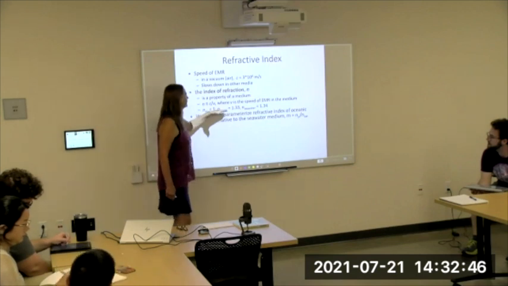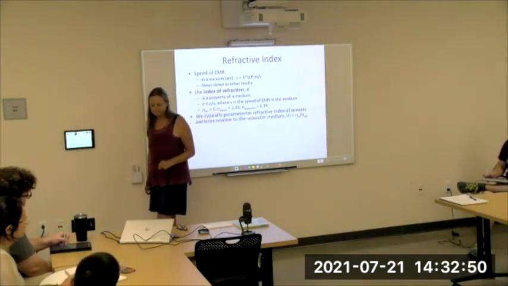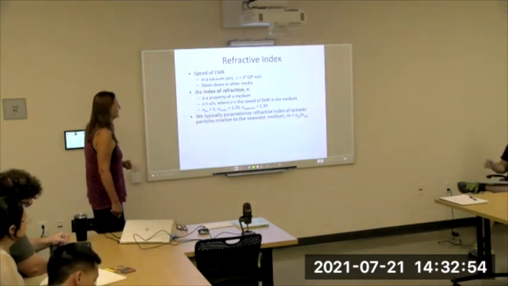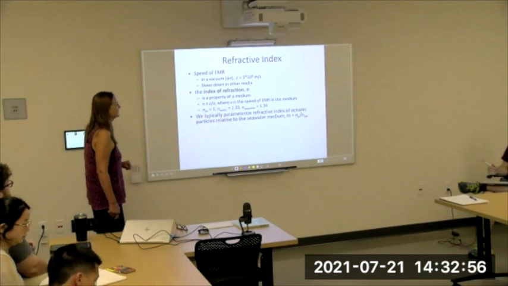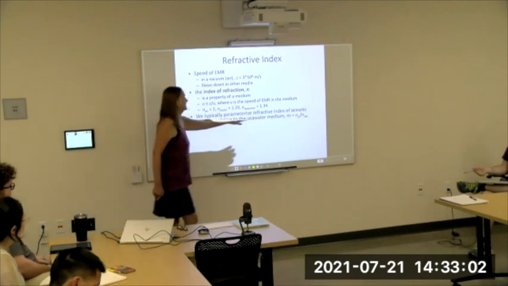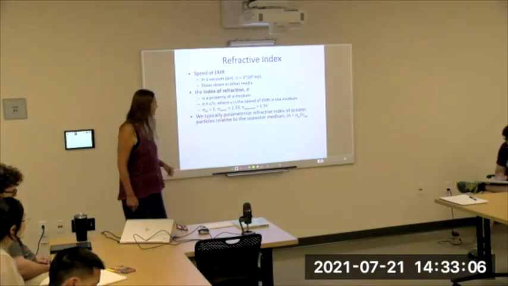The absolute index of refraction is different from the one relative to the seawater medium. Most of the time in the ocean, we will all be talking about this one. Okay.